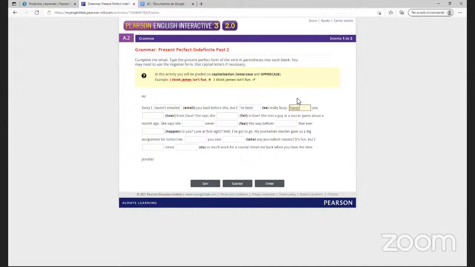It's right this or I need to put an e? No, it's before. The past participle is heard. Okay. This is one of my problems, the past participle. Don't worry.